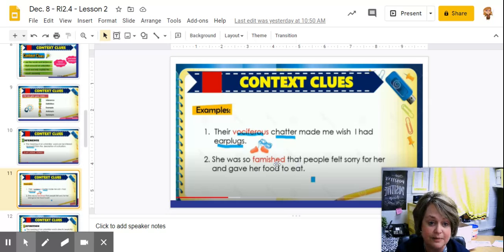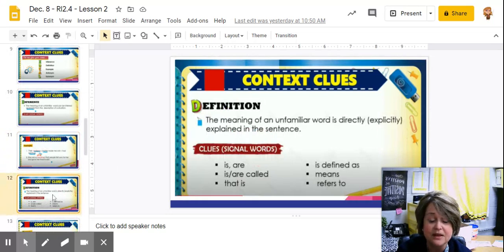I assume famished means hungry, because they gave her food to eat after feeling sorry for her. That is a quick and easy way to help you figure out context clues, by reading what is next in the sentence.